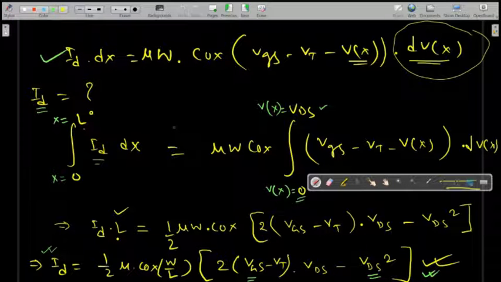See the equation carefully. When the value of VDS is small, the VDS square term, the second term, is very, very small, so the first term will dominate. When the VDS value increases, of course the current will increase.